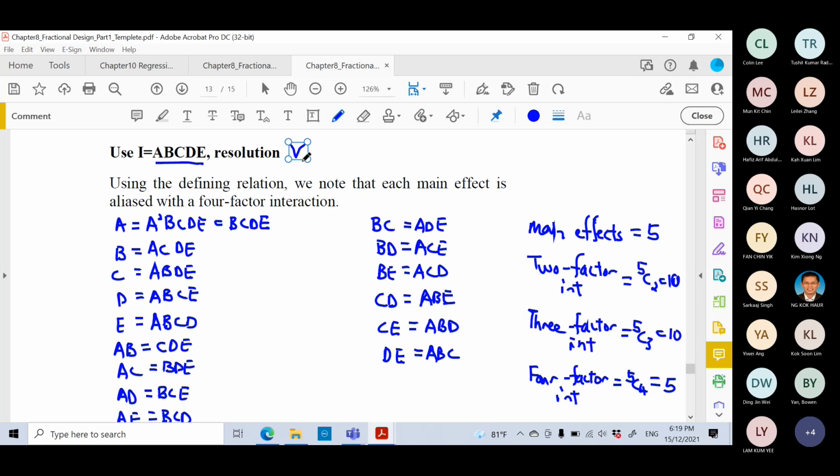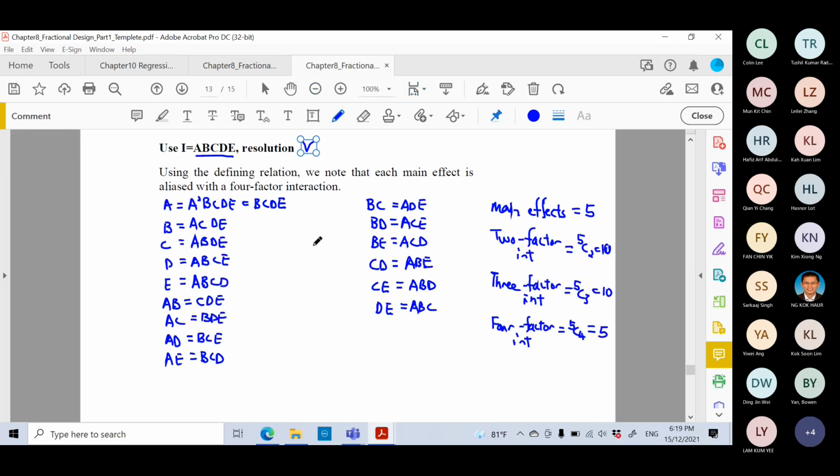You have altogether 32 effects here. This confirms that you have completely written down all the interaction effects.